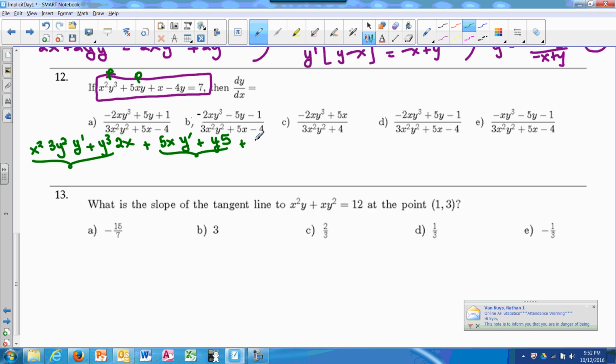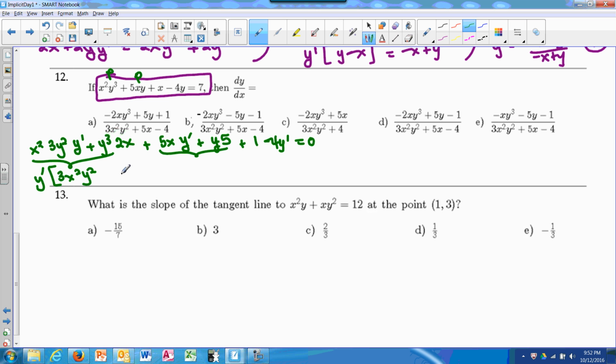Then I have the derivative of x, which is 1, minus 4y prime equals 0. So my y prime terms are 3x squared y squared times y prime. I'm going to factor it out. Plus a 5x and minus a 4.